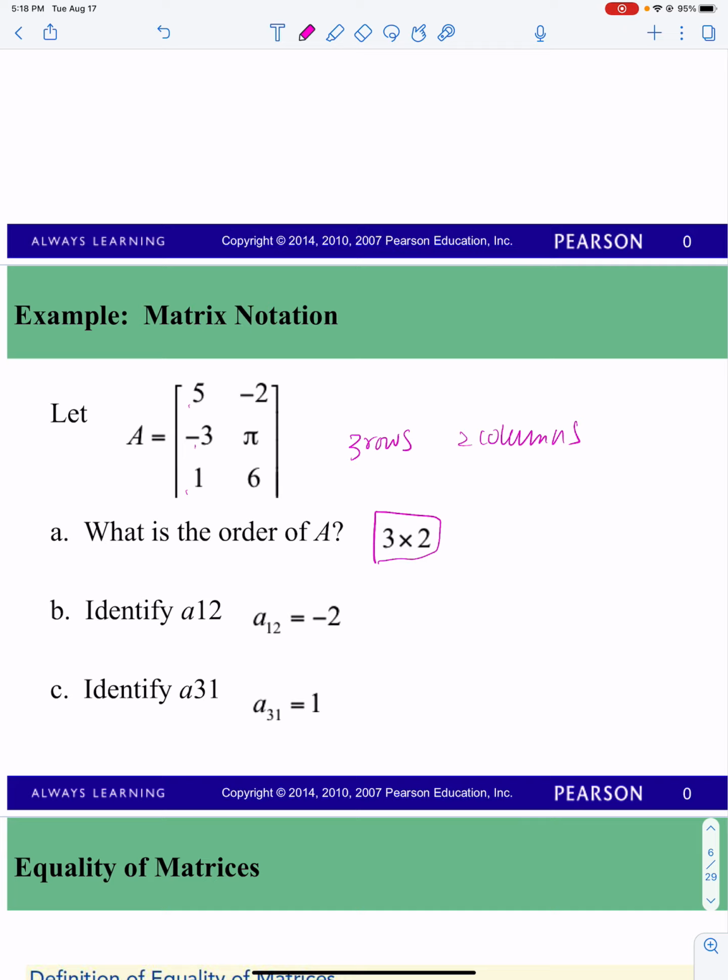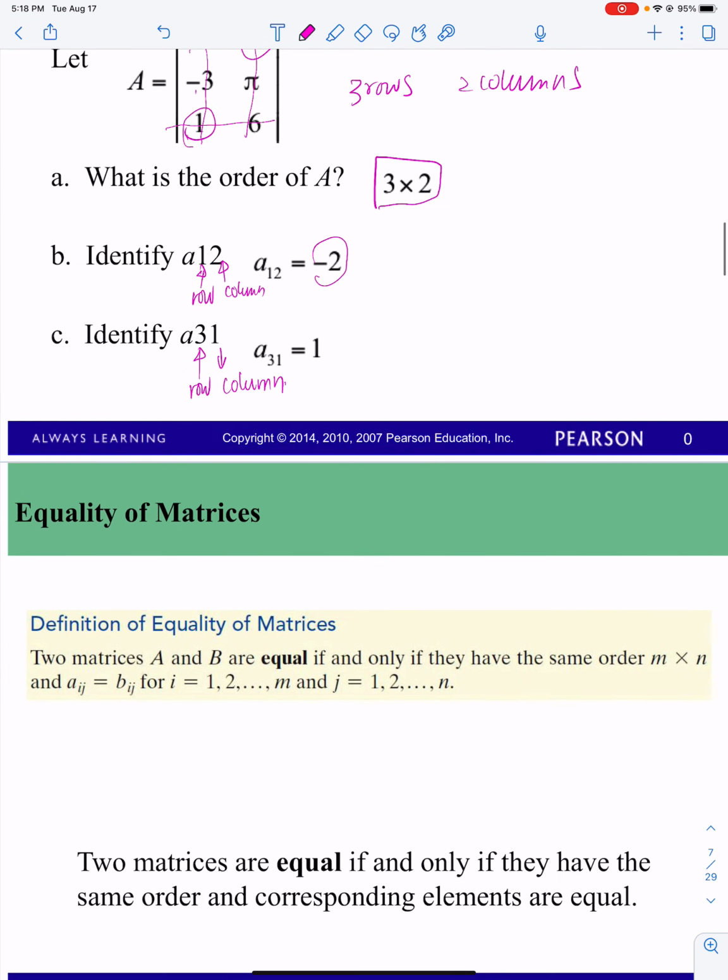What will be A12? The first index is your row, and this one is your column. So it's first row, second column, right here. So it's -2. And this one is the third row, first column, right here. Are you guys okay? So these are very easy definitions.